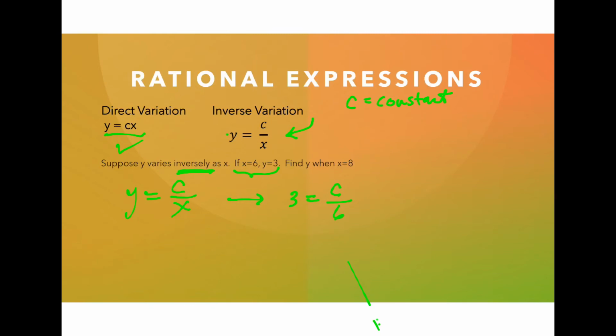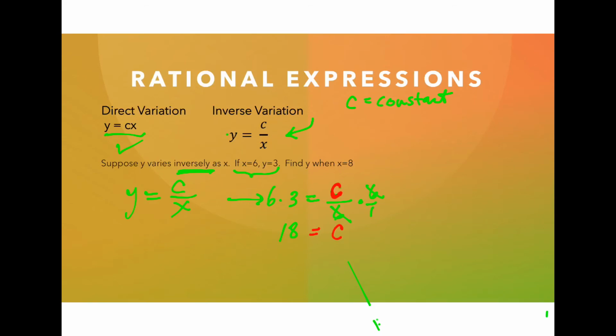Remember, c is kind of the one little mystery we need in order to cement this relationship that happens when y comes out to be 3 whenever x is 6. So I just need to solve this for c. And I do that by multiplying both sides by 6. Here we had c divided by 6, so I do the opposite. I multiply by 6, and that eliminates this. So I see that c has to be equal to 18.